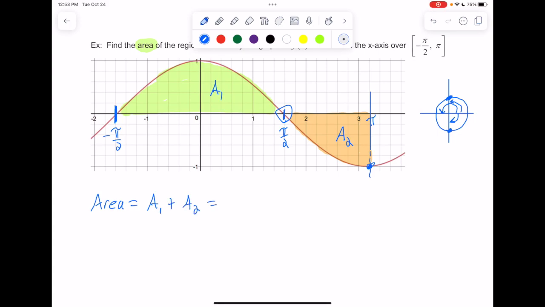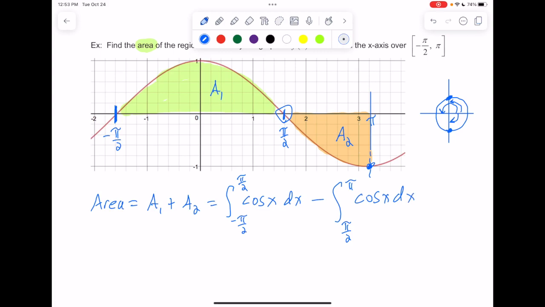Area 1 is going to be the definite integral from -pi/2 to +pi/2 of cosine of x with respect to x. And then I'm starting to put a plus sign, but we're actually going to want to subtract the integral from pi/2 to pi of cosine of x dx.